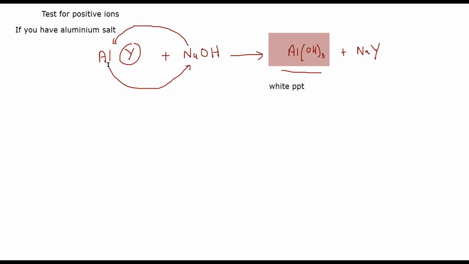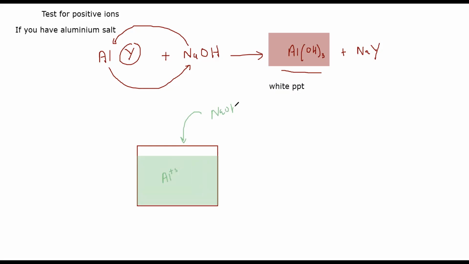Is it clear? So if we want to test a salt that contains aluminum, you have a salt solution which contains aluminum ion. What you will do is add sodium hydroxide.